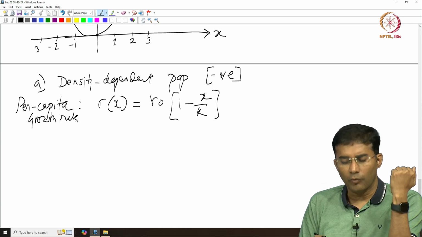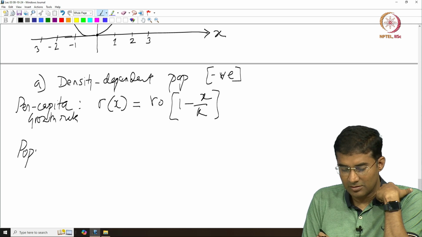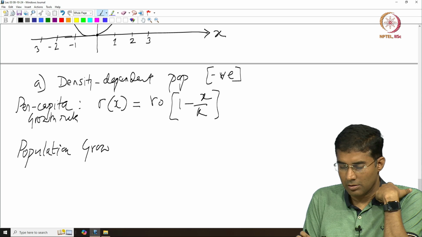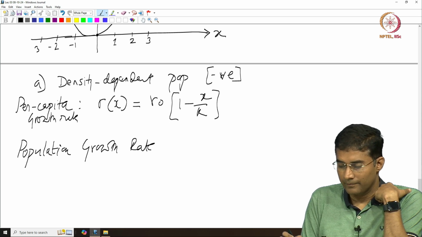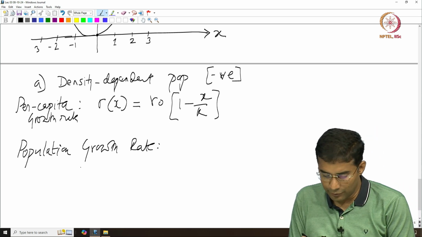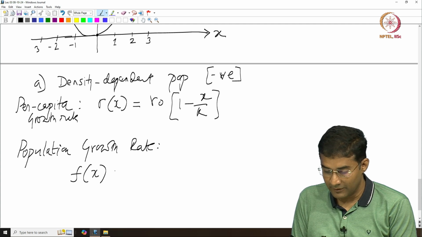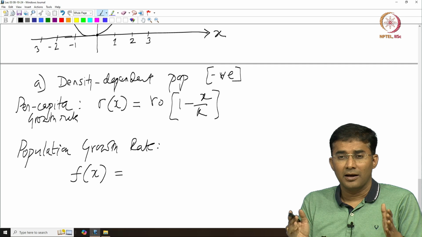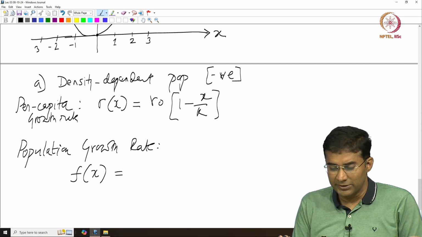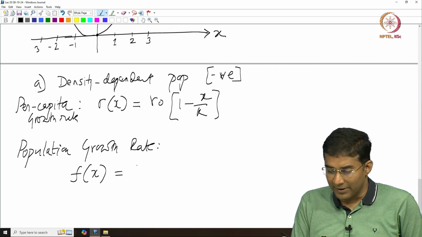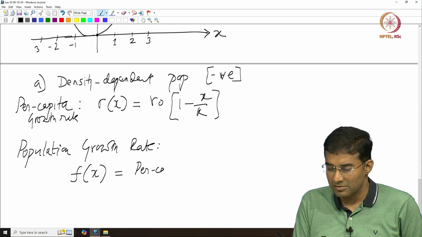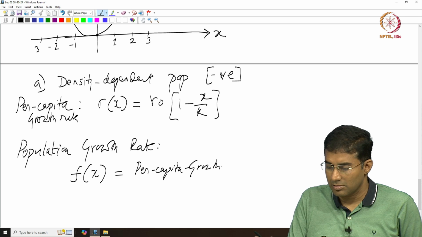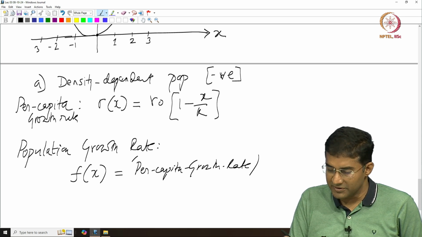If I now ask what is the population growth rate, let us denote the population growth rate by f of x. So, remember that per capita is basically per individual. The population growth rate would be basically per capita growth rate times the density.